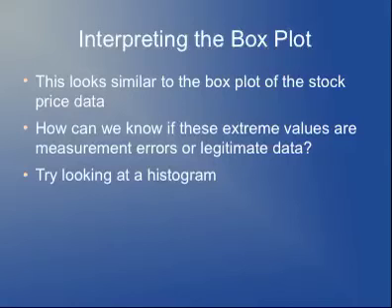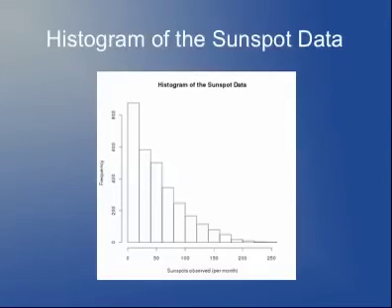But let's say we want to figure out whether these extreme values are measurement errors or legitimate data. Well, let's draw a histogram and see what the distribution of this data looks like. This histogram confirms that there's some extreme right skewness in this data set.